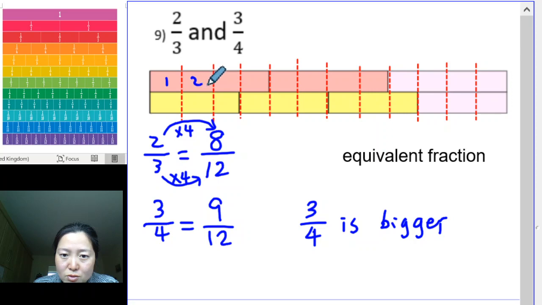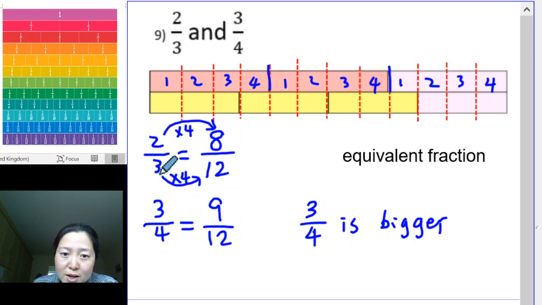So that's your 1, 2, 3, 4 for the first piece, the first third, and 1, 2, 3, 4 for the second third, and 1, 2, 3, 4 for the third third. Okay, so originally it was in thirds.